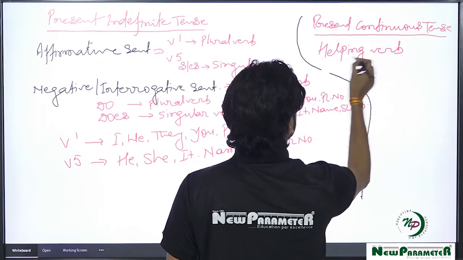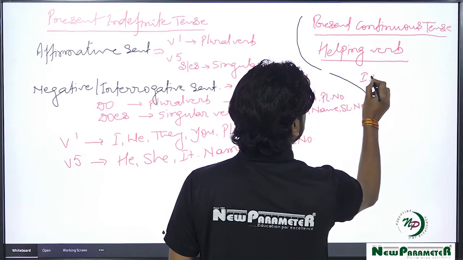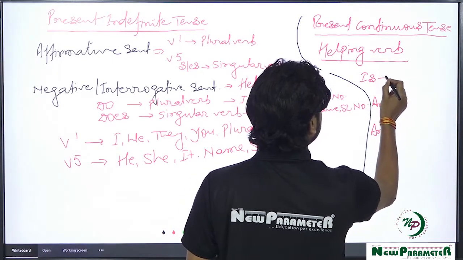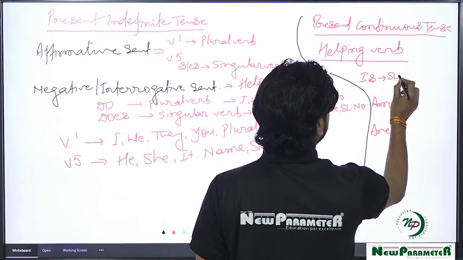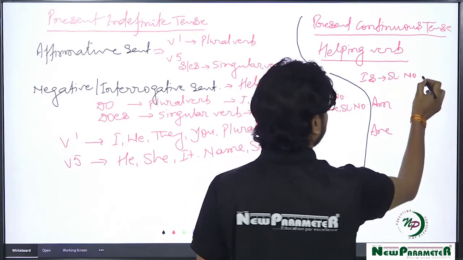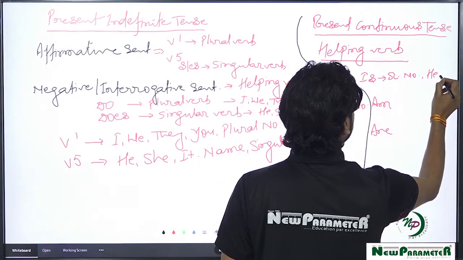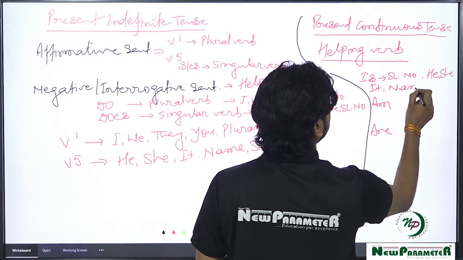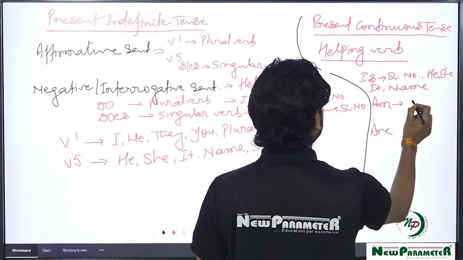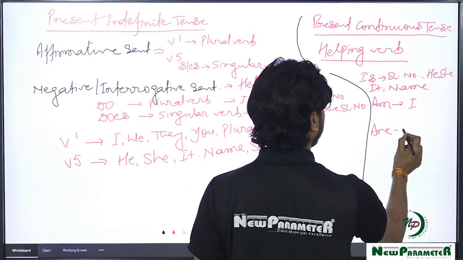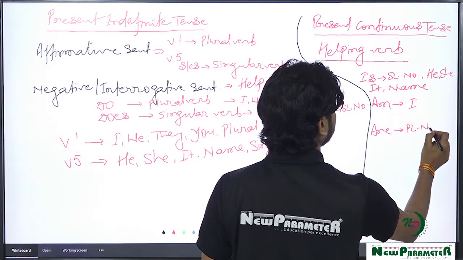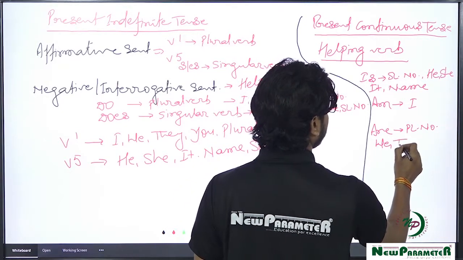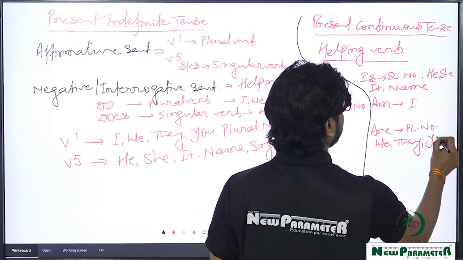Helping verb is, am and are. Is basically used with any singular noun or singular number, and we use with he, she, it and any name. Am is used with I. Are is considered a plural verb, so goes with plural number, and we, they and you.